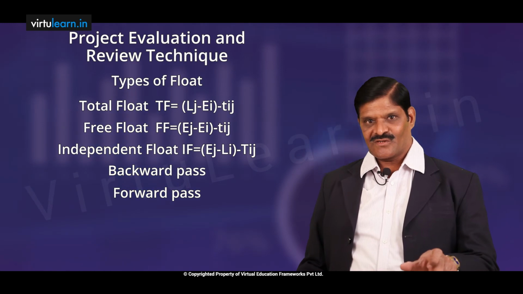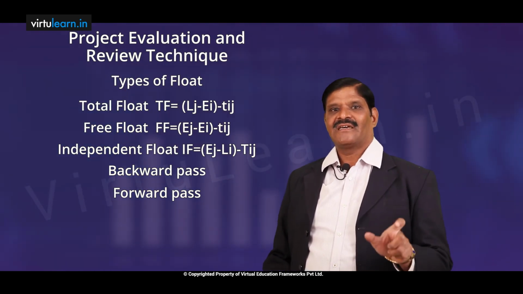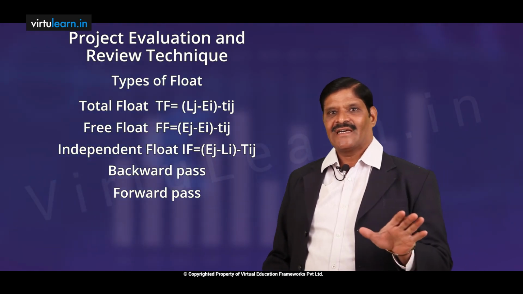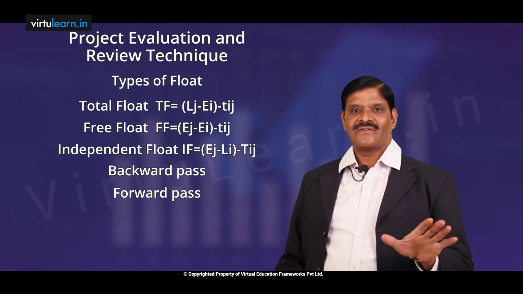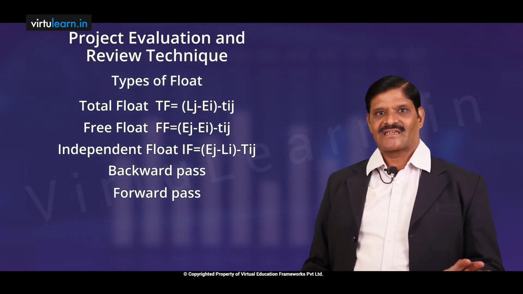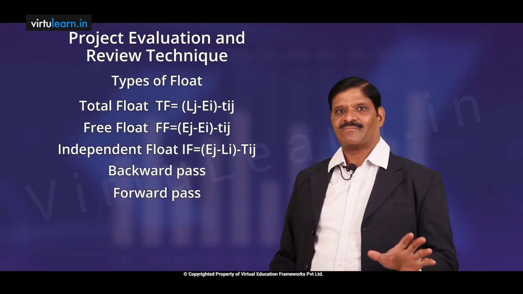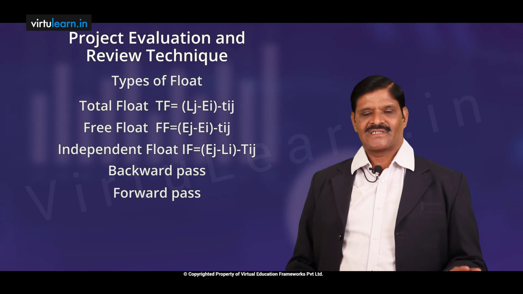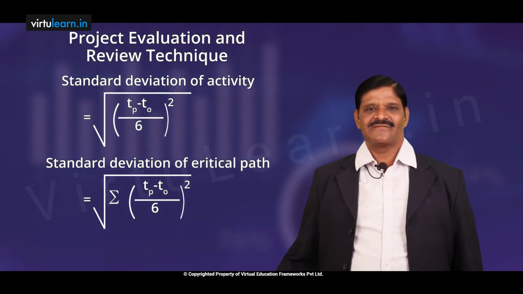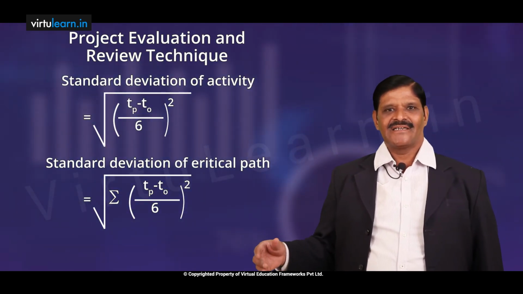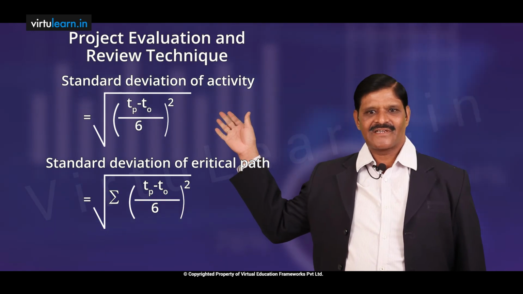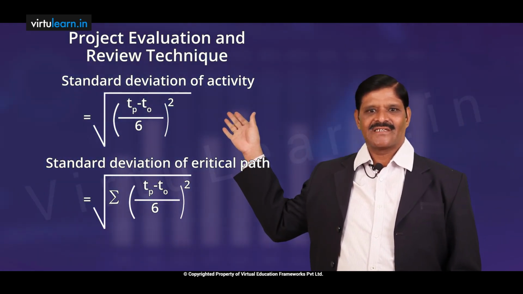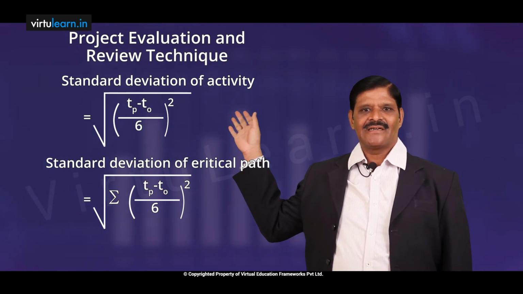Because project duration itself is represented by the duration of the critical path, we need to calculate the standard deviation of each activity lying on the critical path, and then sum up, which will give us the total standard deviation of that project duration. The standard deviation of the project is given by this particular equation. You can look at it and calculate the duration as we have discussed earlier.